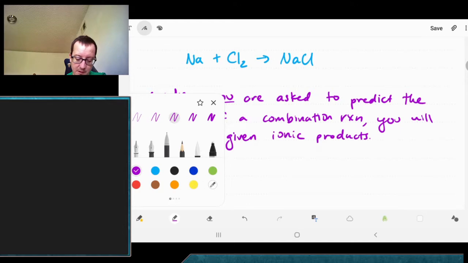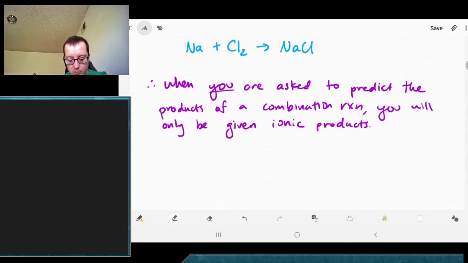So for example, if I were to give you, let's say, how about I give you calcium plus fluorine. This one's an easy one.